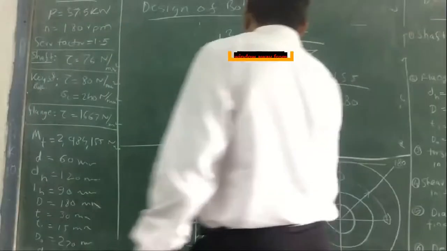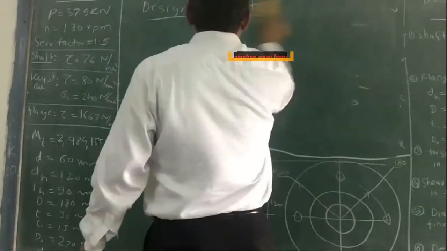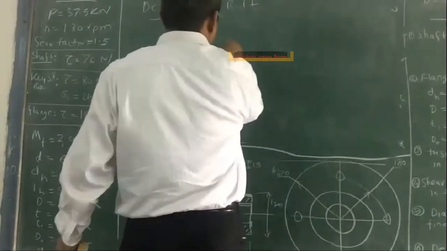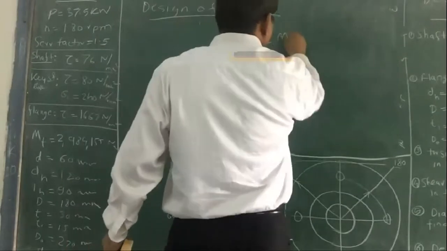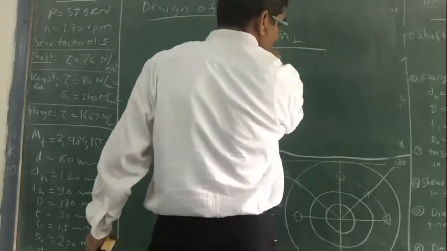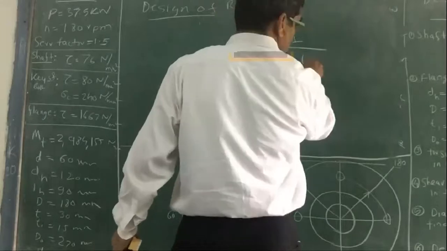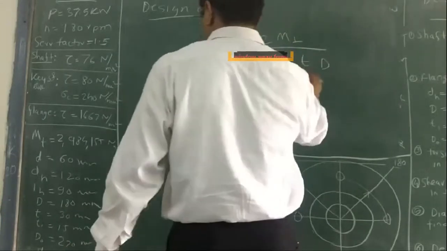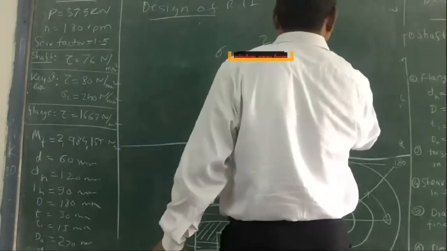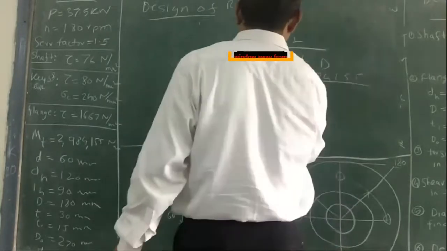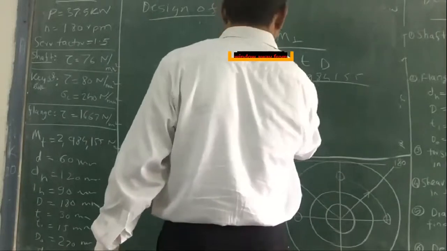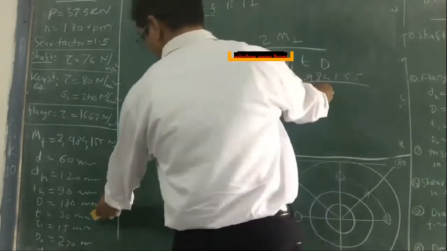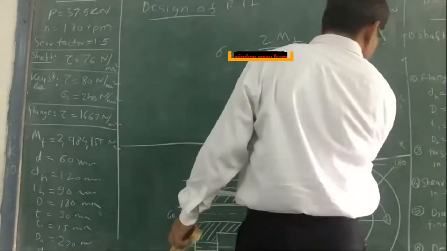We'll just try to find out whether the bolt will be safe in the crushing failure. So sigma c is equal to 2 Mt upon n d1 t D. Here we know 2 Mt is equal to 2984155, the number of bolts is 4, d1 is the diameter we just calculated, 12, the thickness is 30 and D is 180.